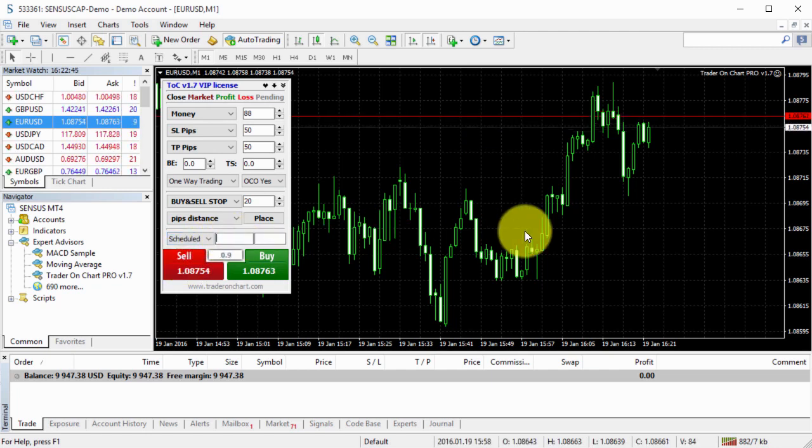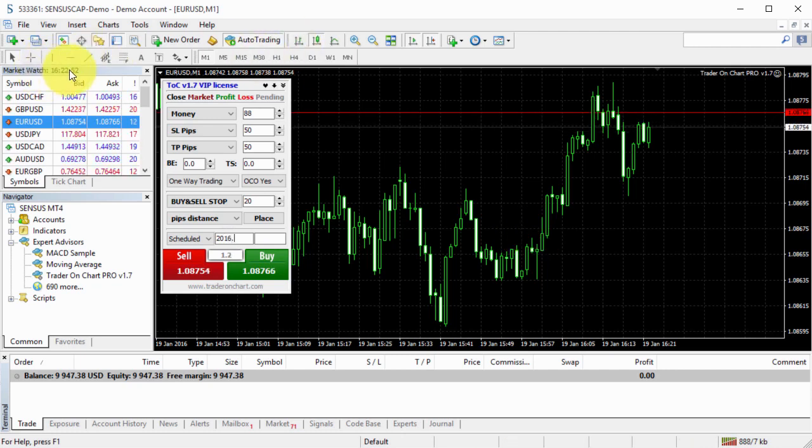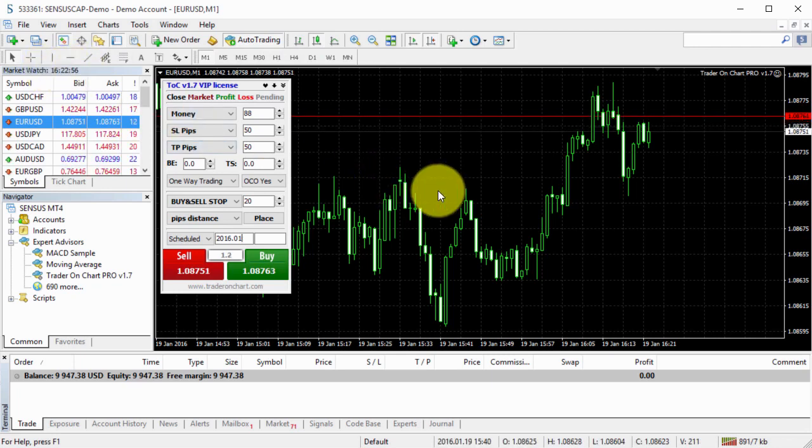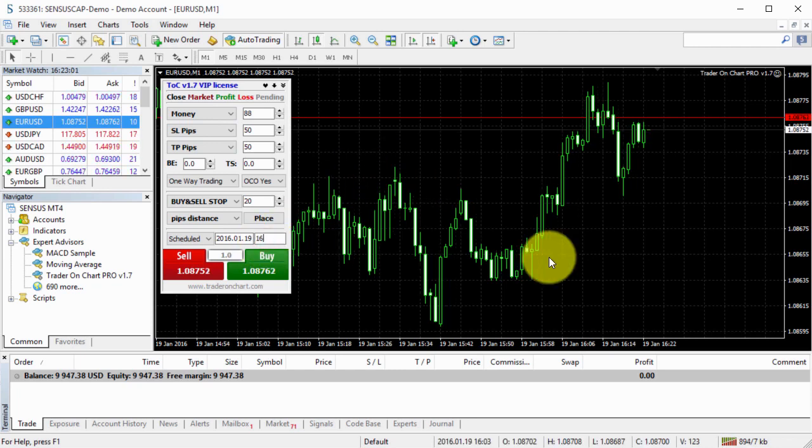So now I need to enter the time. It should be a broker time according to the market watch clock right here. So it's January 19, and it's 16:24.